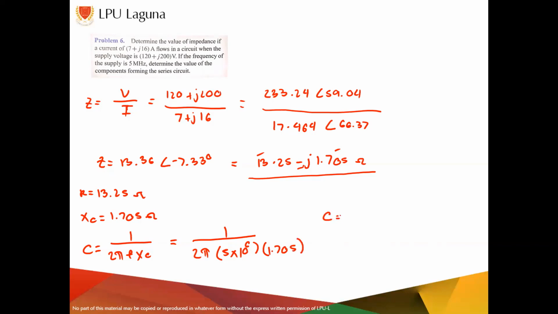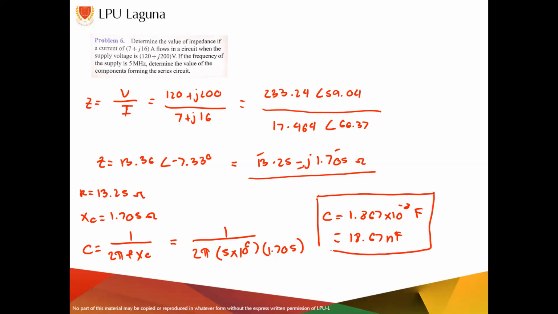So C is equals to 1.867 times 10 raised to negative 8 farads, or 18.67 nanofarads. So ito yung ating mga sagot. The value of the resistor is 13.25 ohms, and the value of the capacitor is 18.67 nanofarads.